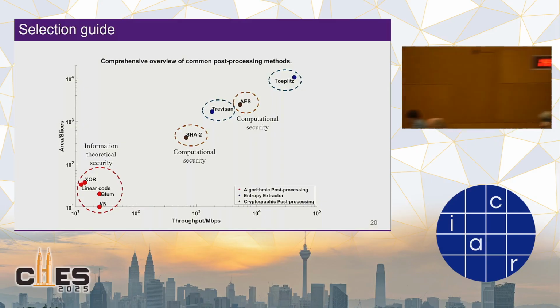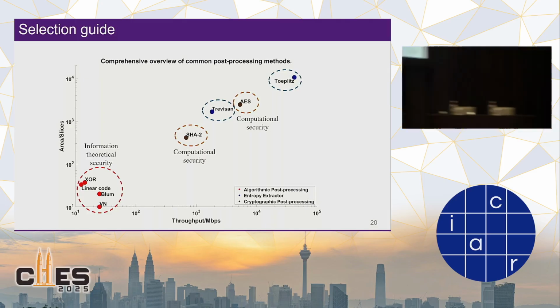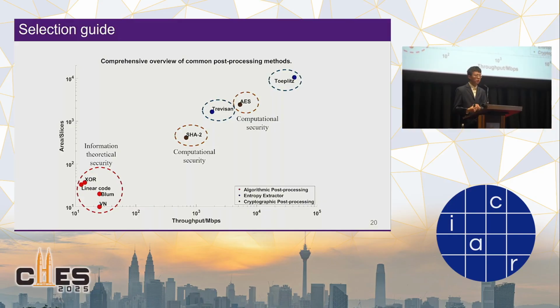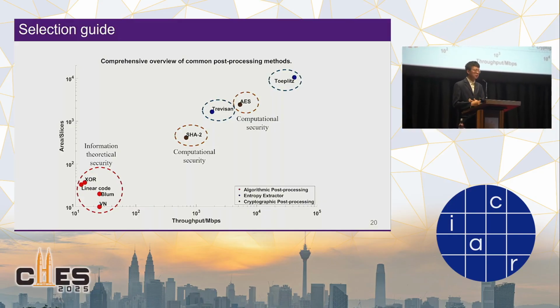Thanks for your talk. It seems you implemented a Toeplitz entropy extractor on an FPGA platform. As you mentioned, the area is quite large. Do you think it's a weakness of your implementation? Thanks for your question. Our design delivers not only a higher throughput to area ratio, but more importantly, unconditional security, which is the core principle of the entropy extractor.